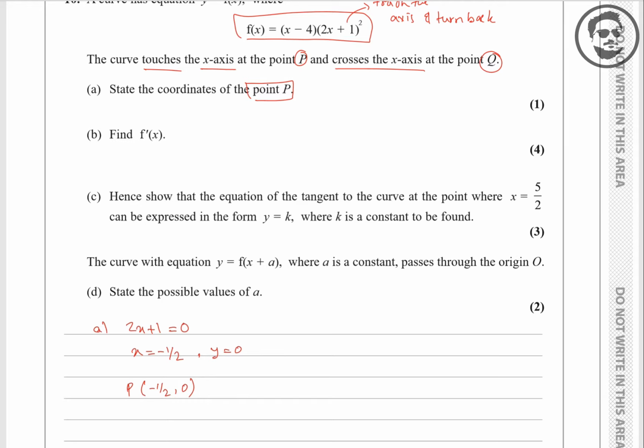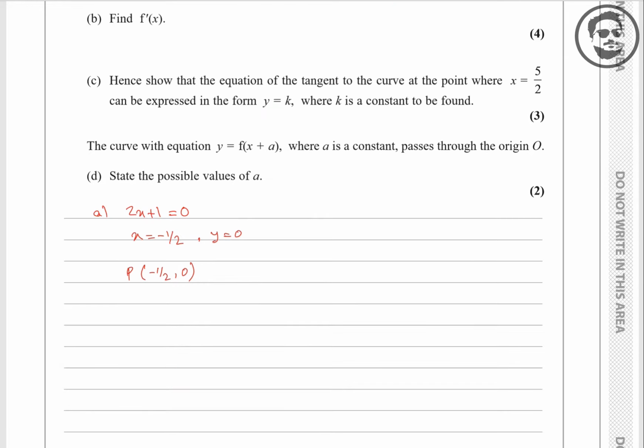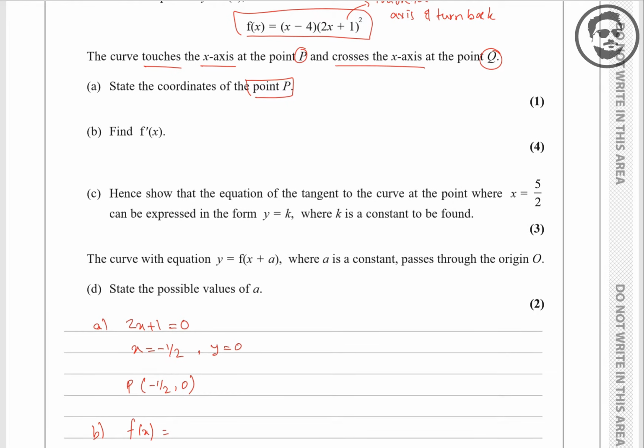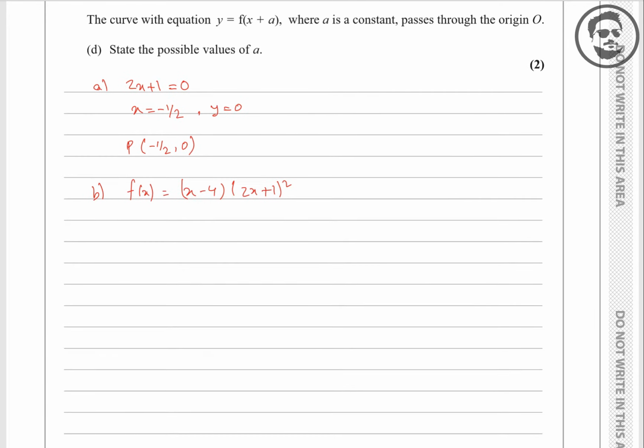Find f prime. That means we need to find dy by dx. So f of x given is (x minus 4)(2x plus 1) whole squared. So f prime x equals (x minus 4) d by dx of (2x plus 1) whole squared.